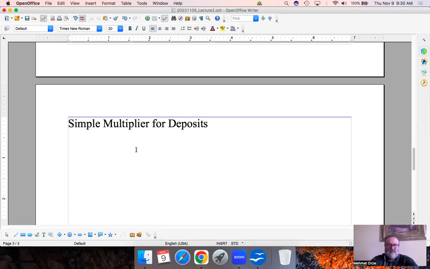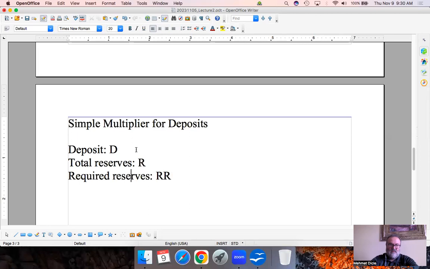So let's define certain terminologies. Deposits, let's refer to it as D. And then we have total reserves as R, and then required reserves. And then we are going to have a required reserve ratio, right?